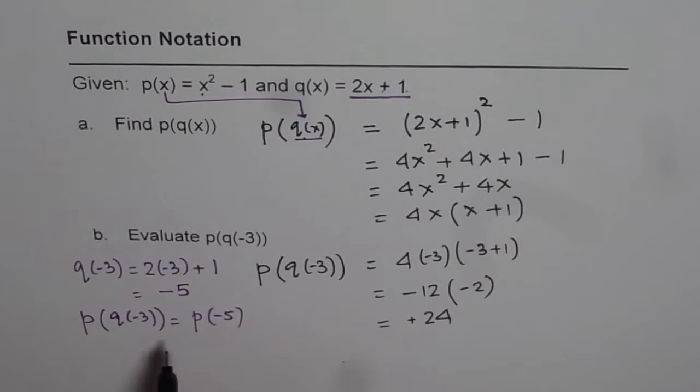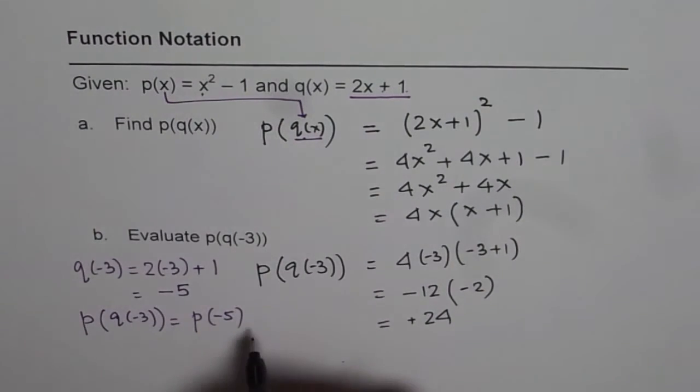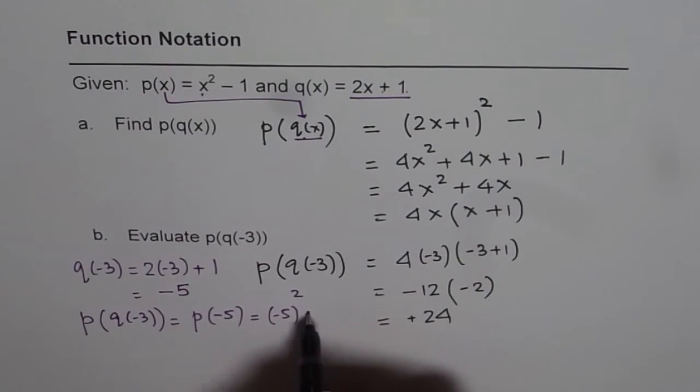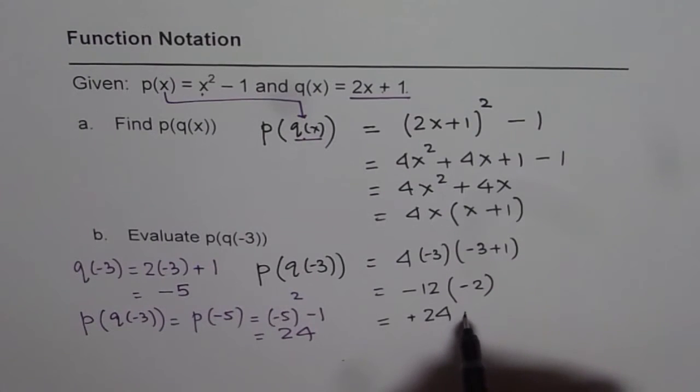So now to evaluate, we will replace in p of x, x with minus 5. So this could be written as (minus 5) whole squared minus 1. So (minus 5) squared is 25, and 25 minus 1 is 24.